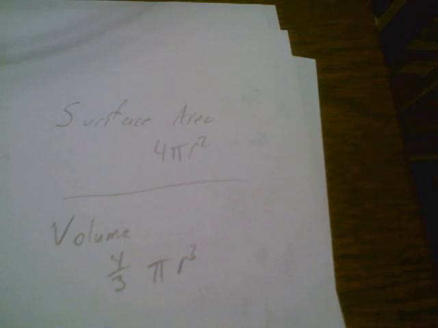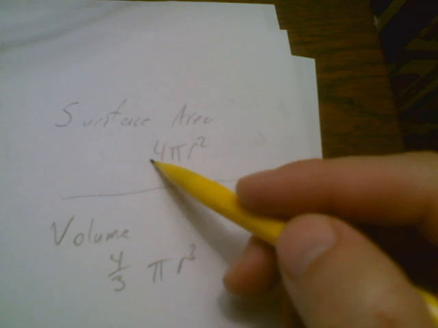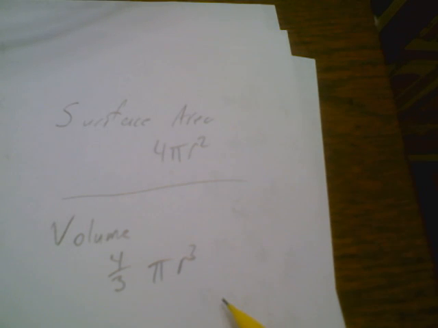Pi, as you know, is used in everything with circles. So this is the surface area, pi r squared times 4, which really just means that the surface area of a sphere is 4 times as much as the area of the great circle. Now, the great circle, we'll talk about that in just a minute.